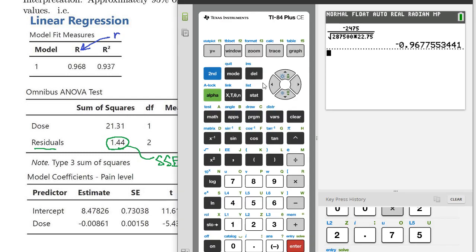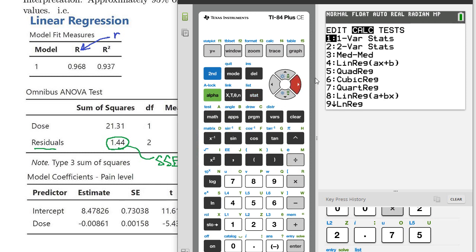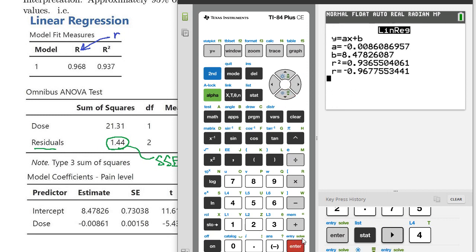And if you look at the regression output here, if we do stat, calc, and then linear regression, calculate, right there is our r, negative 0.967. It's giving a negative value because we've got a negative slope. So now notice here that Jamovi did not attach a sign there.